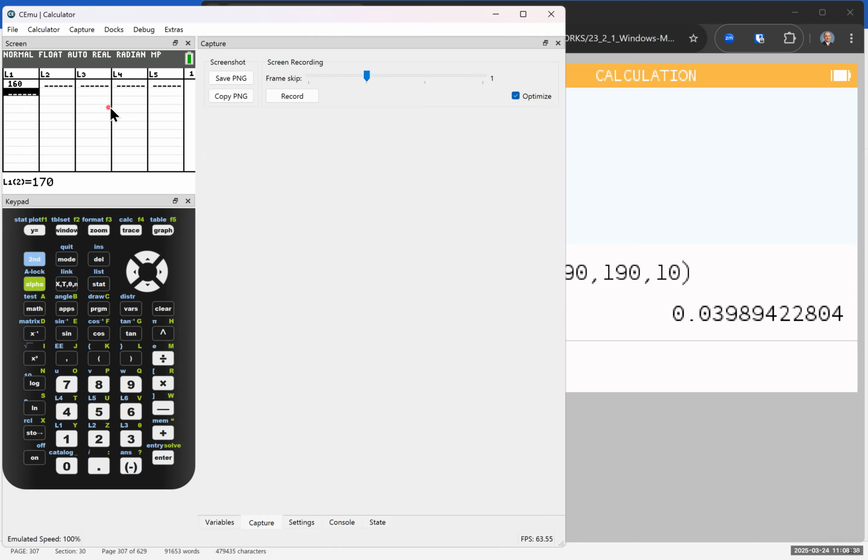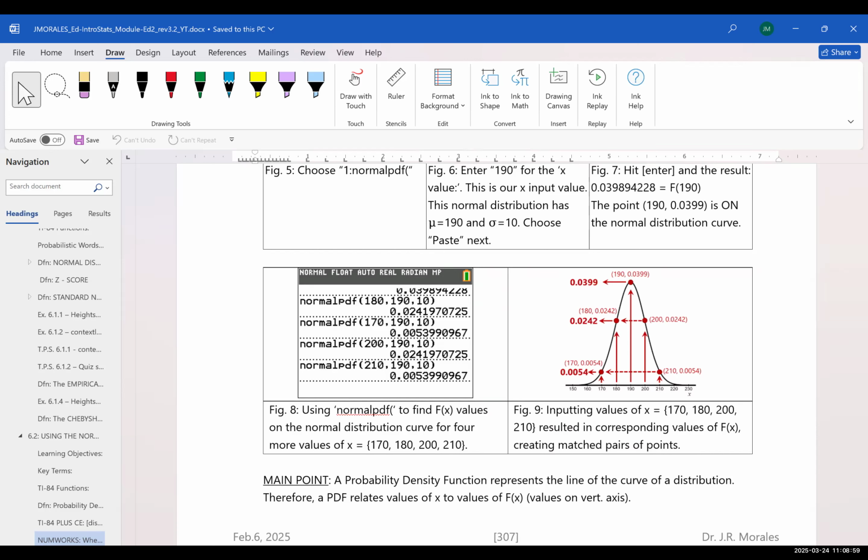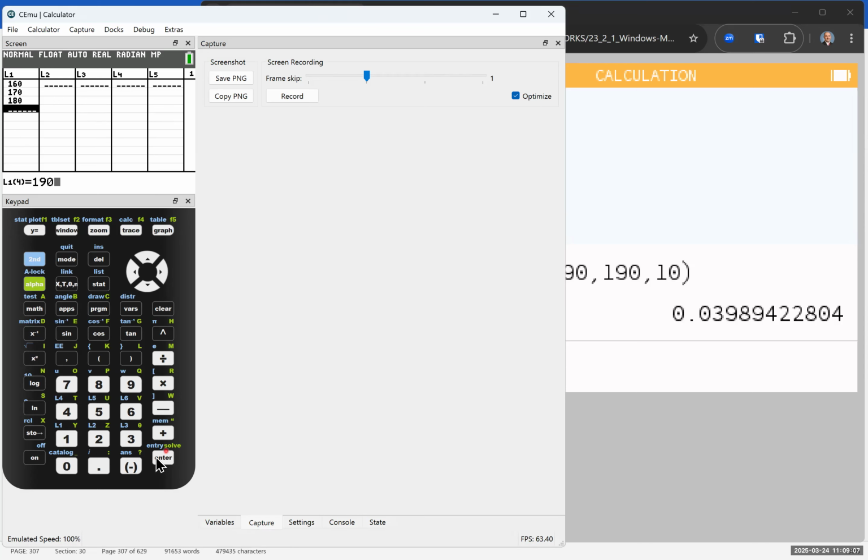I want to calculate all these points here on the normal distribution. So let me keep going with that. 170, 180, 190, that's our mean, 200, 210, and I think we can stop at 220.